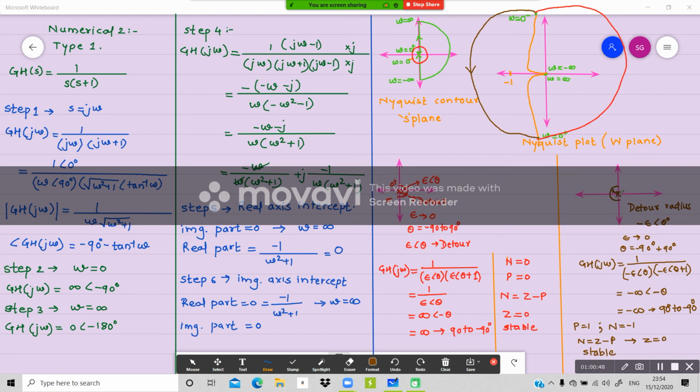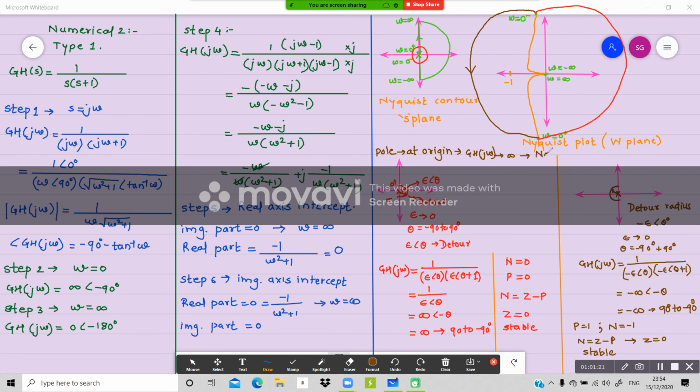So why are we excluding? Because whenever the pole is at the origin, right, the magnitude of GH becomes infinite. If you want, I'll write: pole at origin, G H j omega tends to infinity.